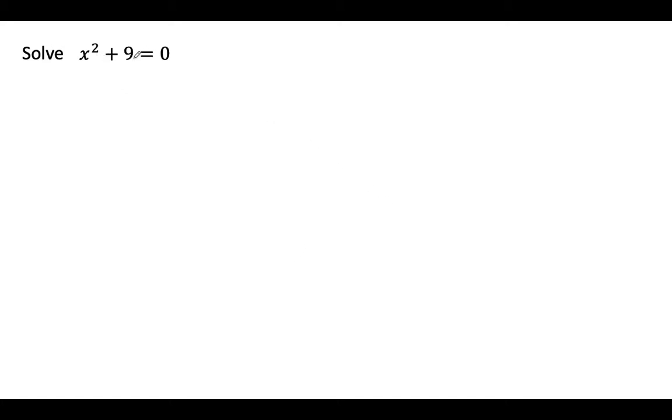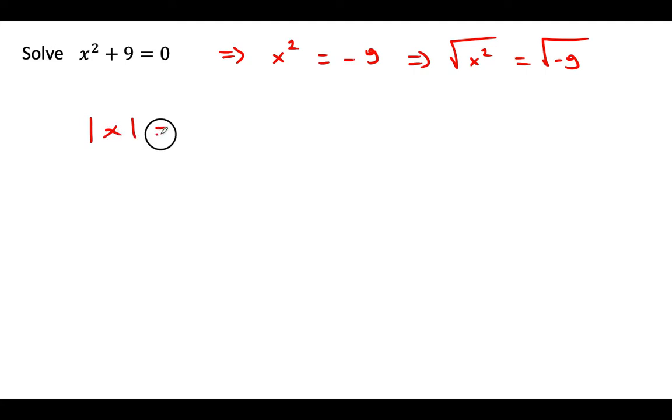Take x squared plus 9 equals 0. To solve this question, we can say that x squared is equal to -9. Then, if we take the square root of both sides, x is equal to plus minus root -9.